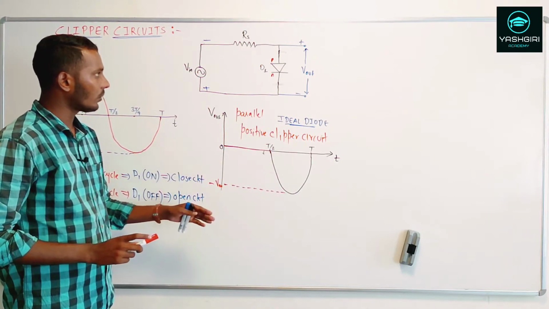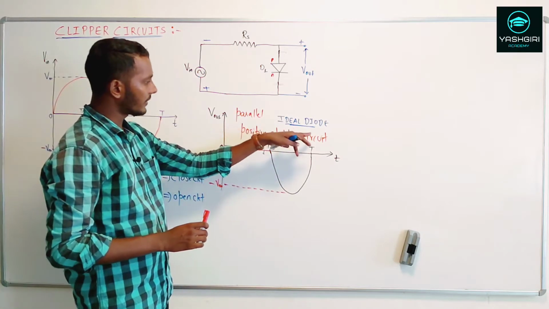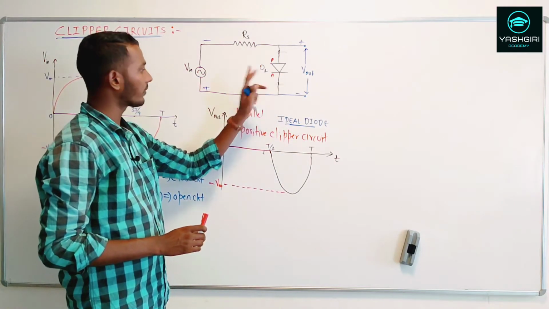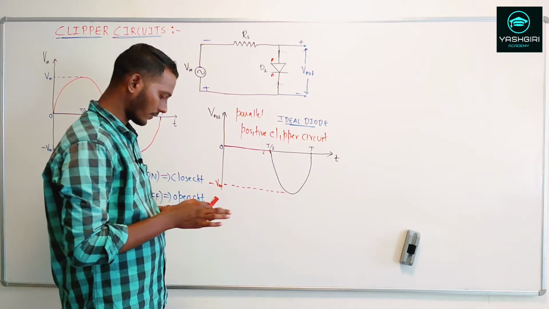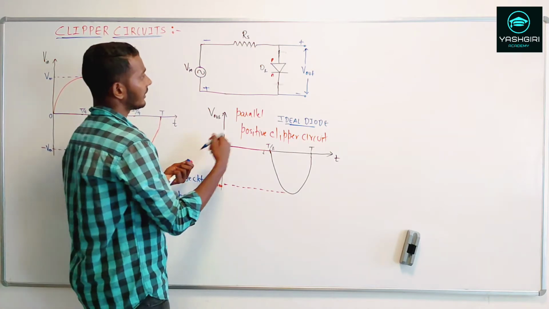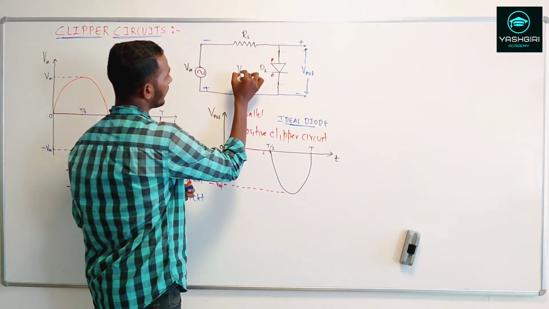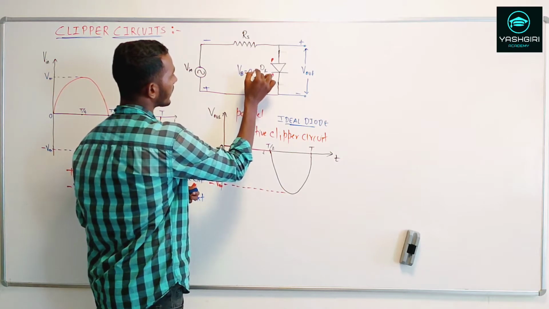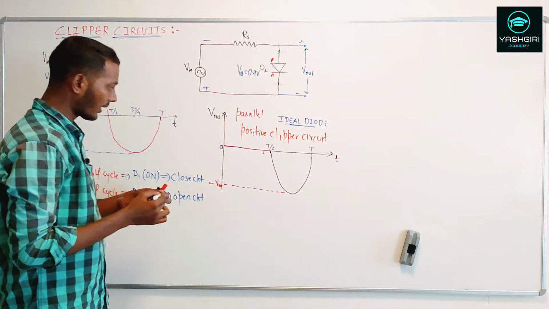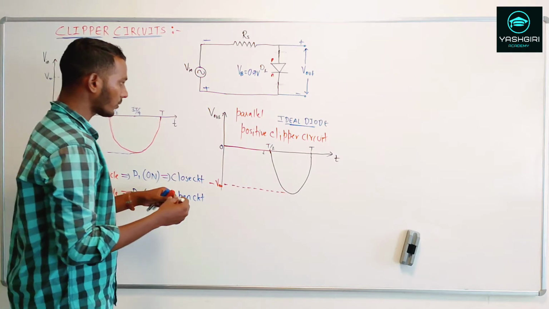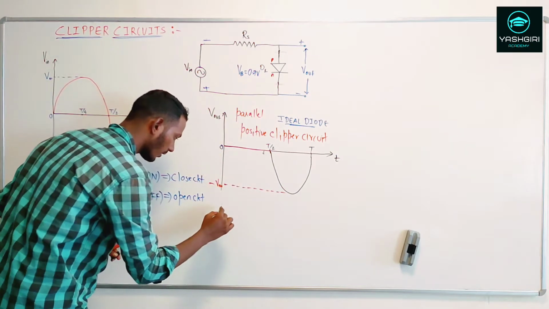All right, now if I consider the diode to be a real case of the diode, in that case the barrier potential VB is equal to 0.7 volt. All right, so now let's see what will happen to the output for the real case of the diode.